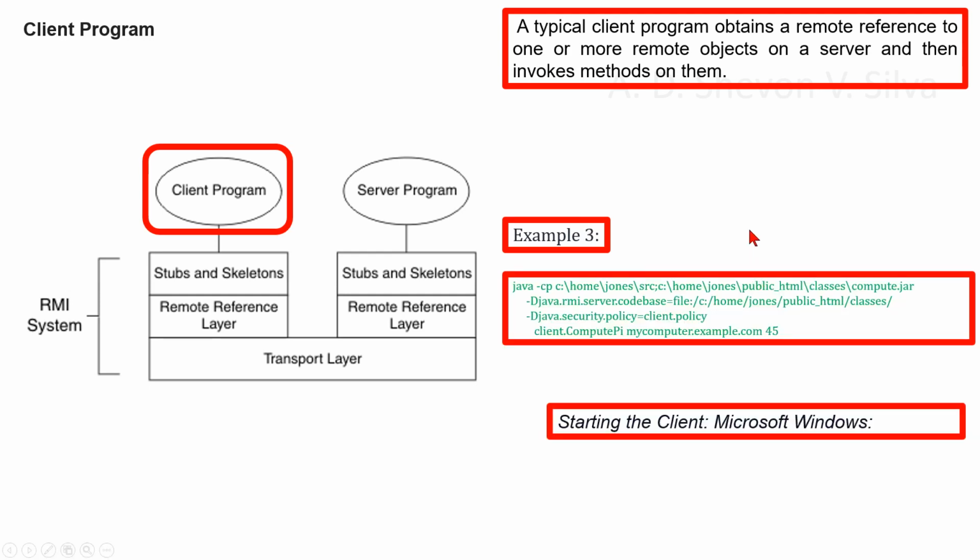As an example 3, we can consider this. This is starting the client in Microsoft Windows. In this particular example, once the registry and the specific engine for this program are running, you can start the client specifying the following.